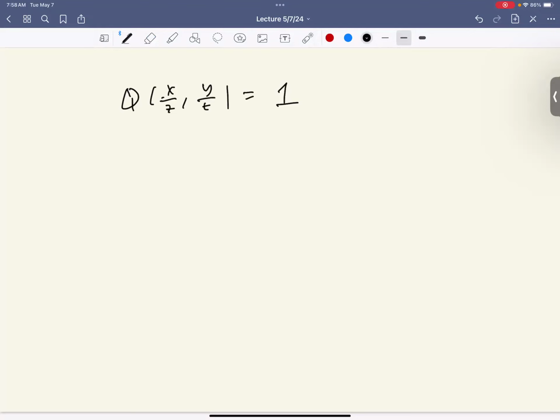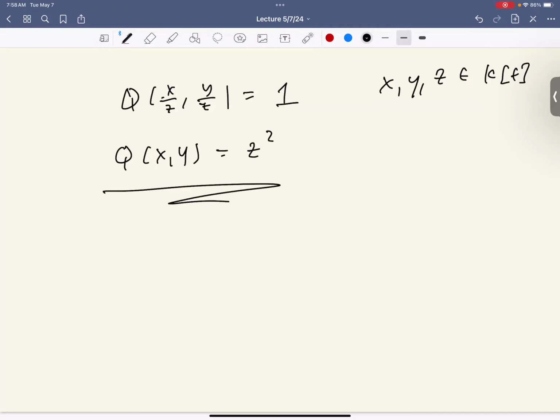Now, factor out the Z. So you get Q. Now, the X and Y and Z are polynomials. So rational equivalence can be manipulated into saying that you represent a square. And representing a square means you're in the principal genus.